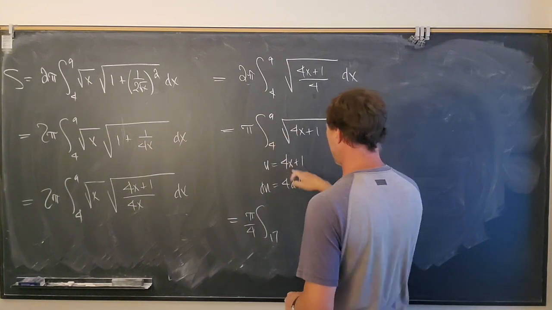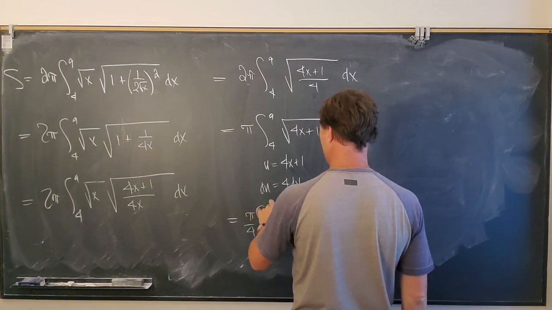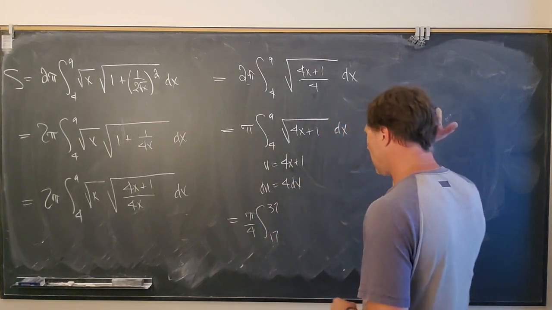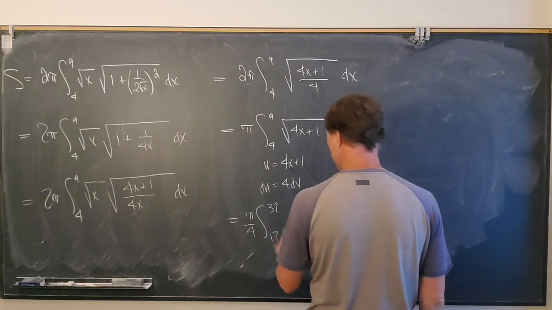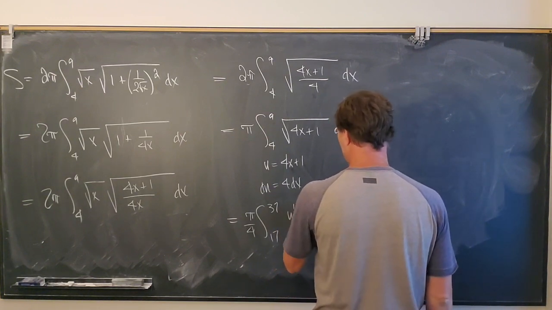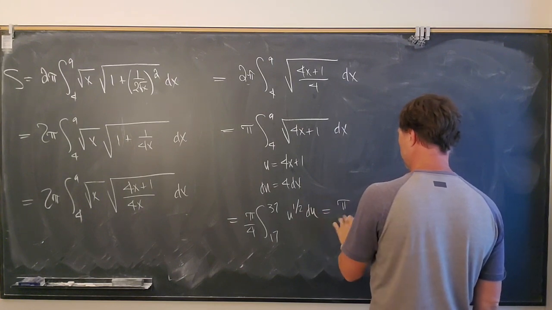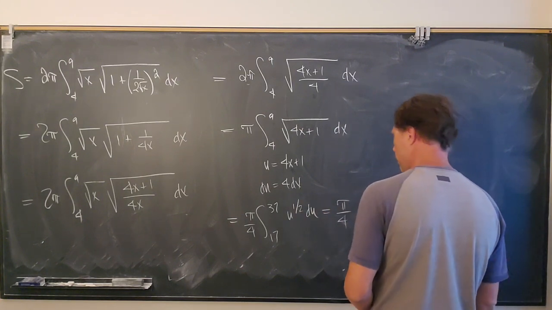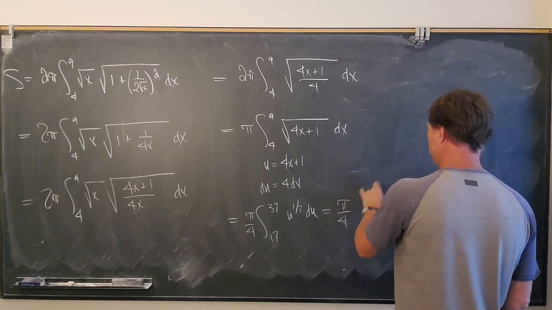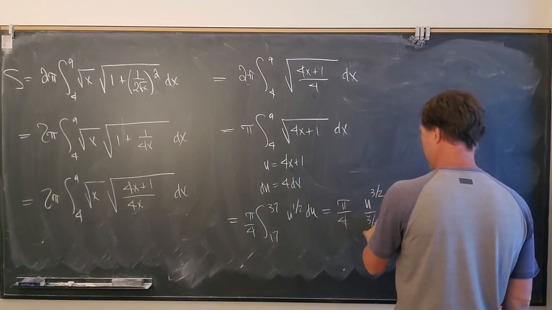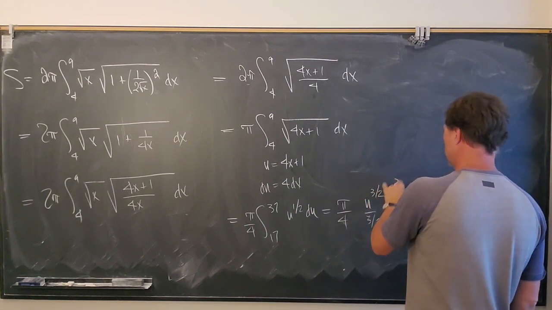When I put a 9 in here, I get a 37. And then we have u to the 1/2 du. So that's a pi over 4. And then it'll be a u to the 3/2 over 3/2, going from 17 to 37.